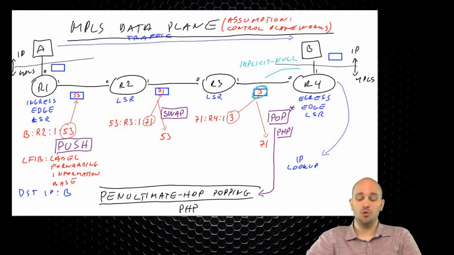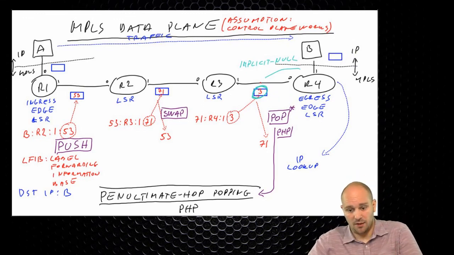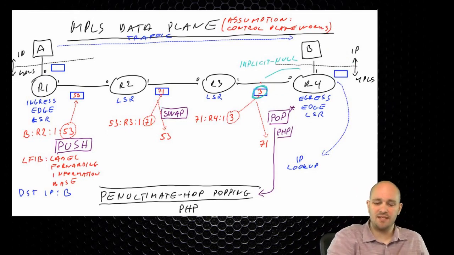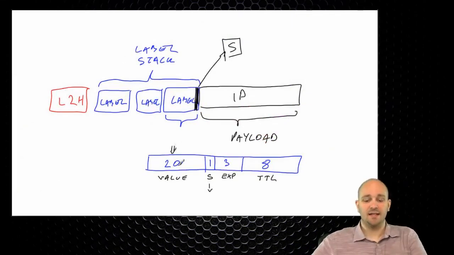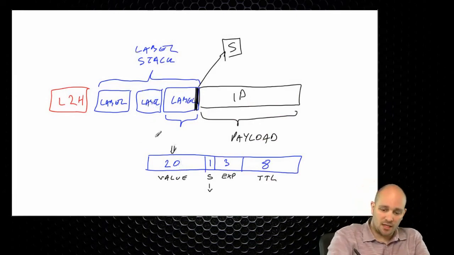Now, if you are using explicit null label, what is happening is that this value here may indicate that it is an explicit null. So this can be either some number value, it can be explicit null value, or it can be implicit null value. It can be a couple of others.